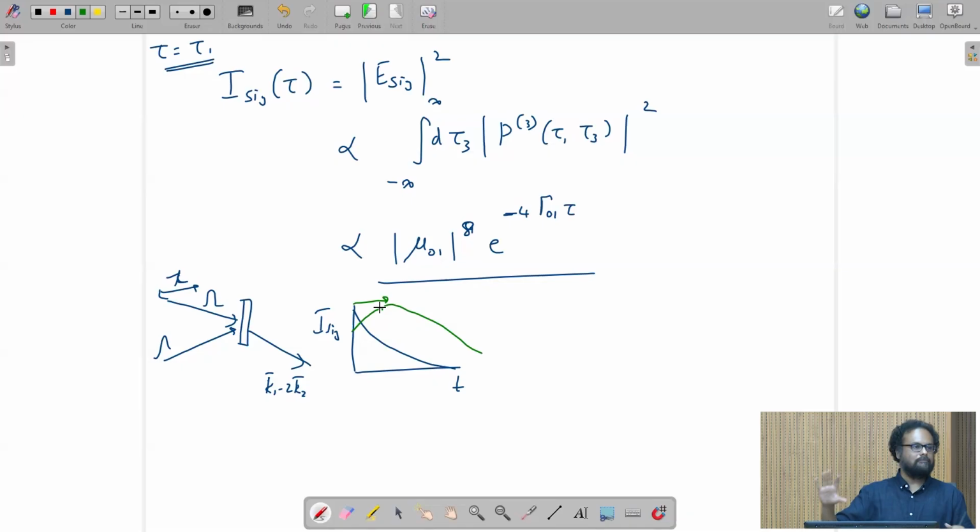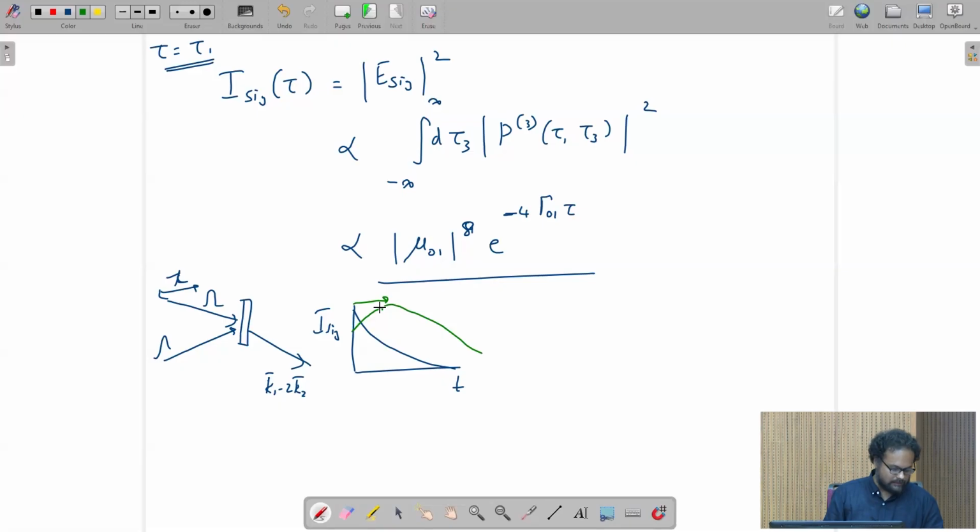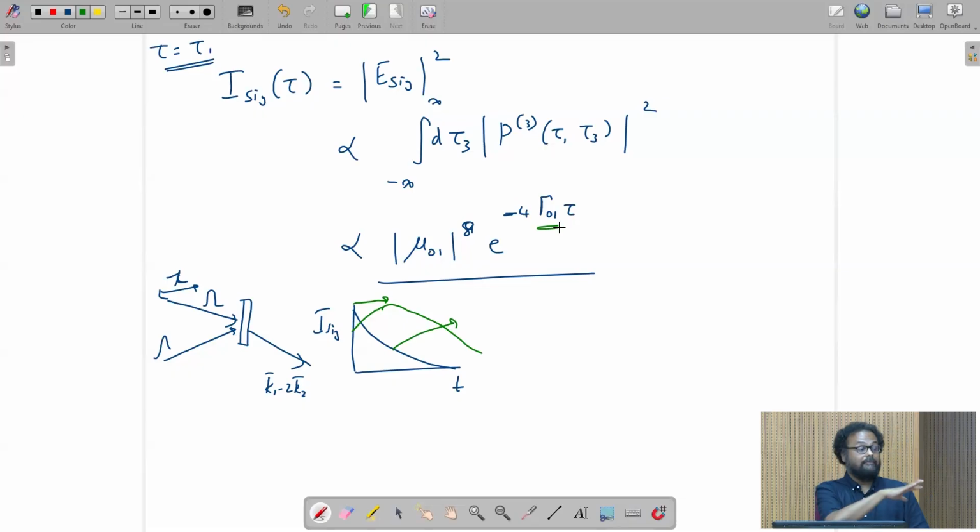But the important message is that in the limit where my inhomogeneous broadening is dominant, my two-pulse photon echo signal is going to drop off at the rate of homogeneous broadening. So what I'm measuring here as my rate is directly the pure dephasing rate. In the previous case, for example, when I do linear absorption alone, if I measure the line width, what will I measure?